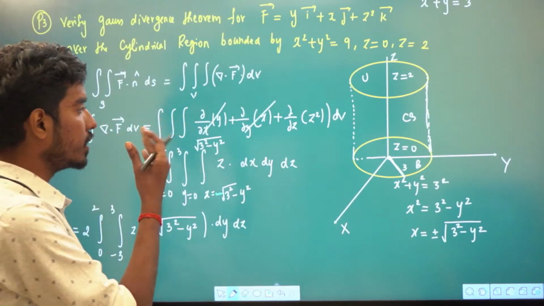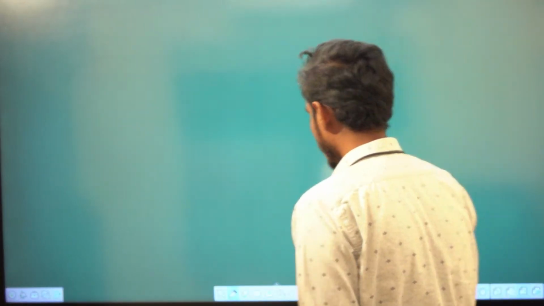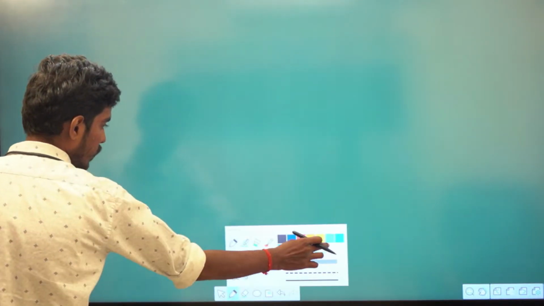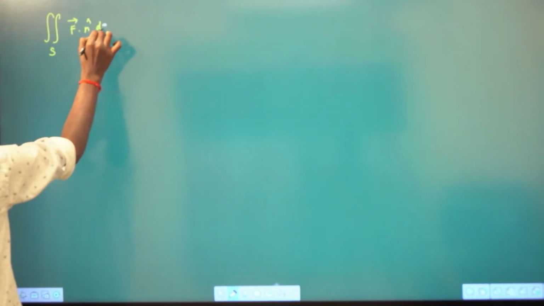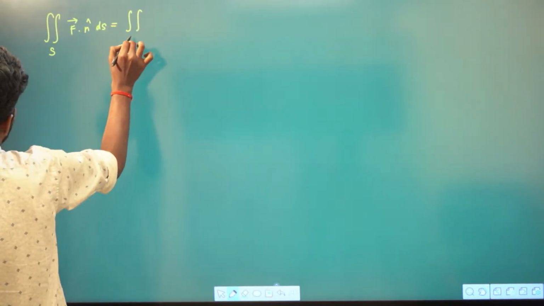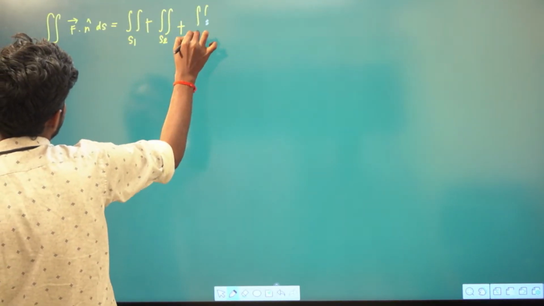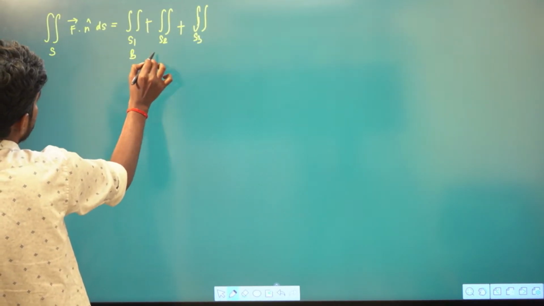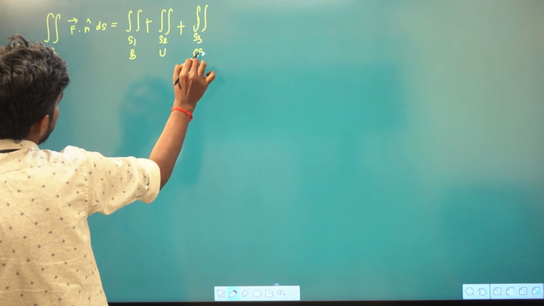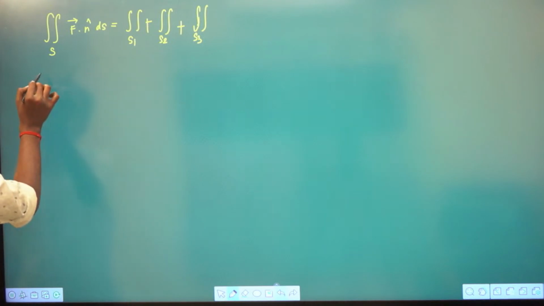Now let us evaluate the double integral over S of F vector dot n cap dS, which is S1, S2, S3. Very important part. This is our bottom, this is our upper, this is our curved surface. So now we will find S1.